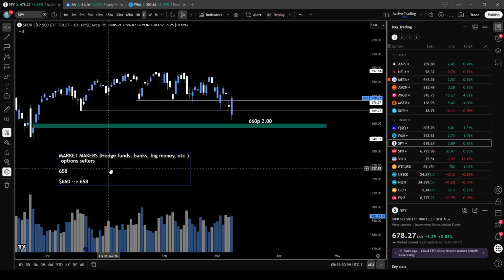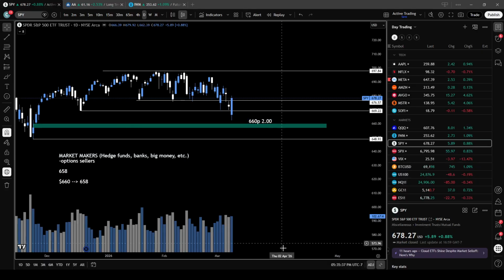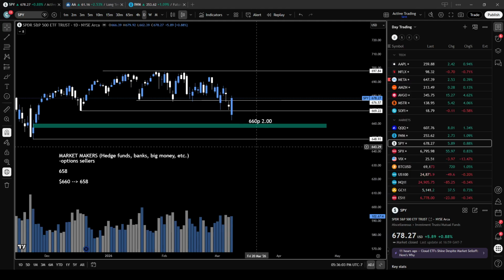And the reason they sell it is because 99% of options contracts, especially on 0DTE, expire worthless. And if you look at the volume on SPY for 660s, there was an open interest of 20,000. And what did they start out at? They started the day off at $1.25.